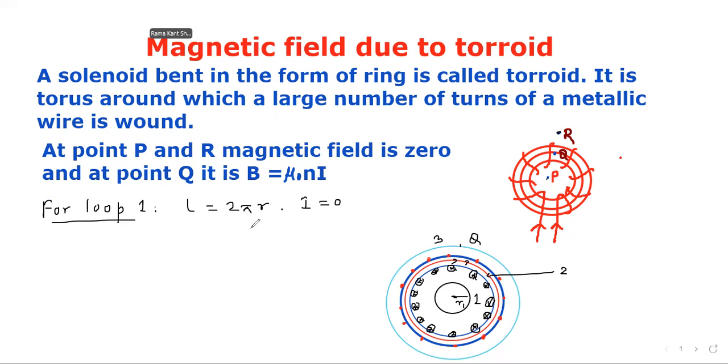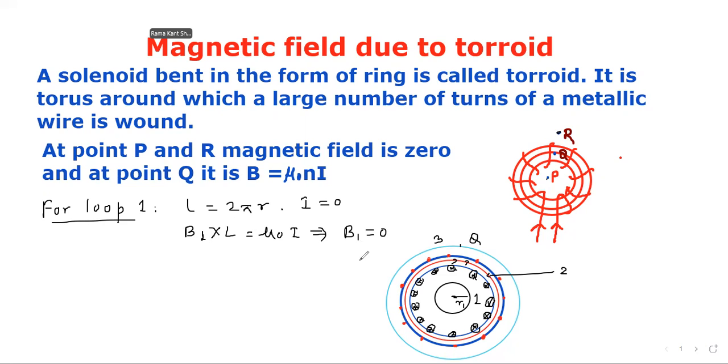Hence, if we apply Ampere's circuital law, B1 times L must be equal to mu naught I. So this will give B1 equal to 0.